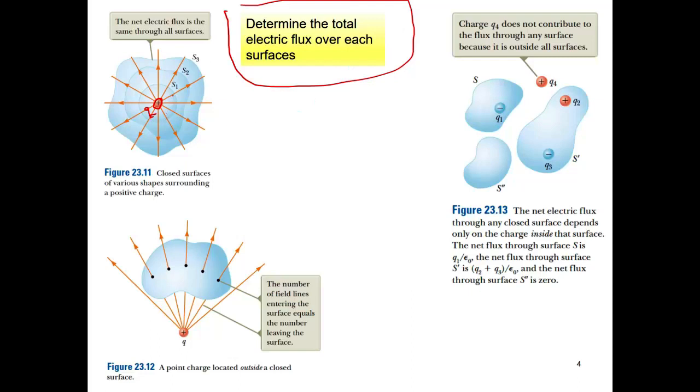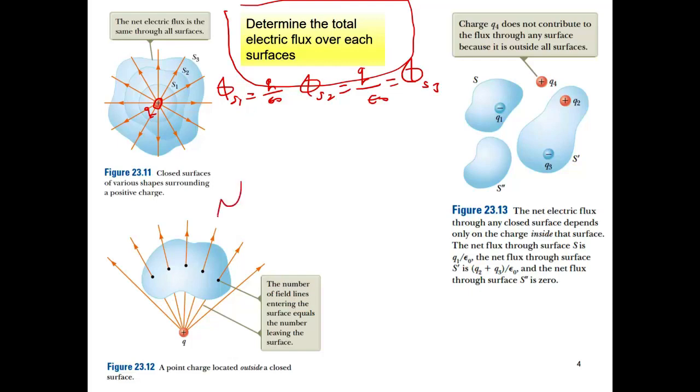Because Q is inside S1, S2, and S3, the total flux through S1 is equal to Q divided by epsilon naught. The flux through S2 is the same thing, and also equal to the flux through S3. Easy peasy. When you calculate the total flux, you always care about what charge you have inside the surface. Anything outside, you just ignore.